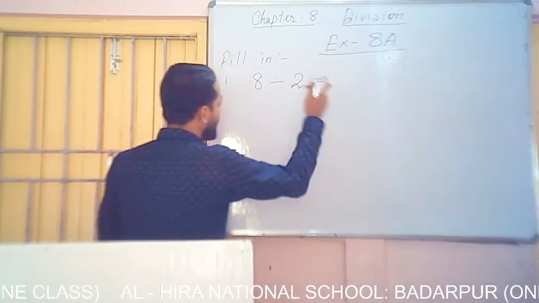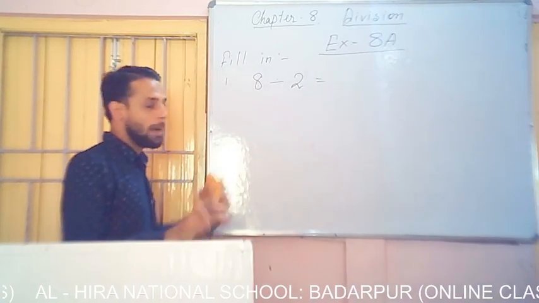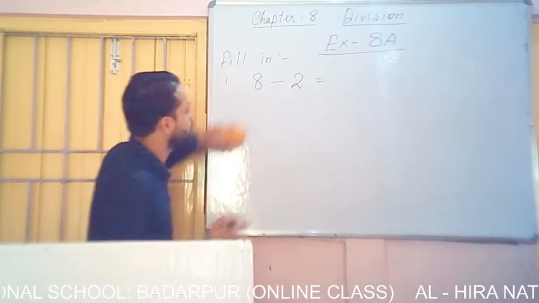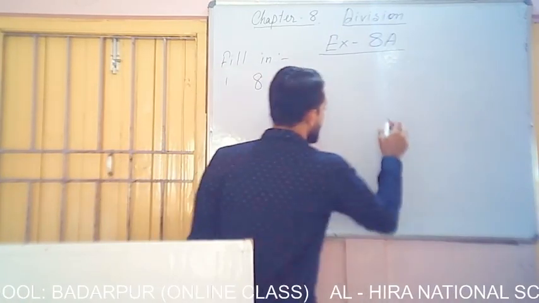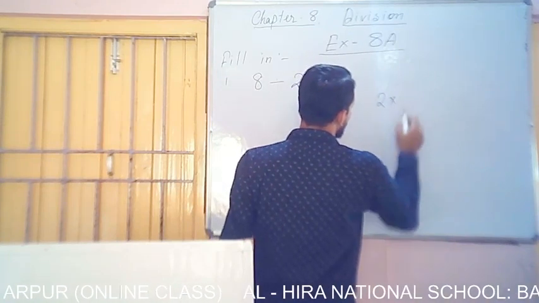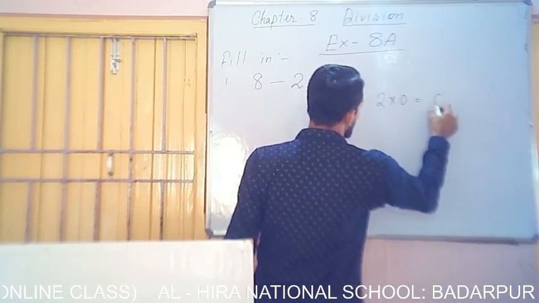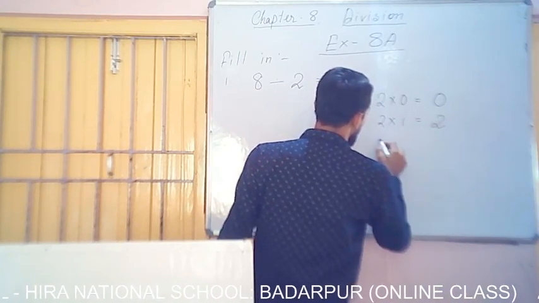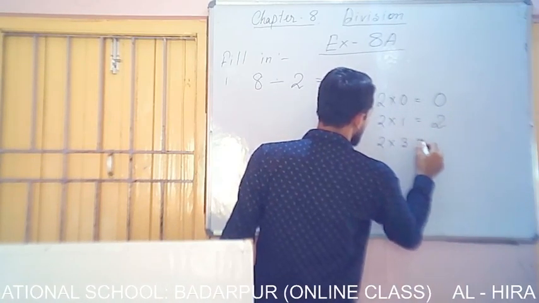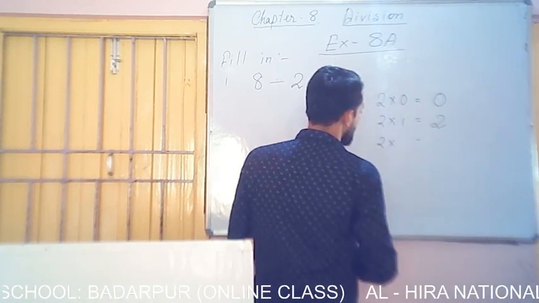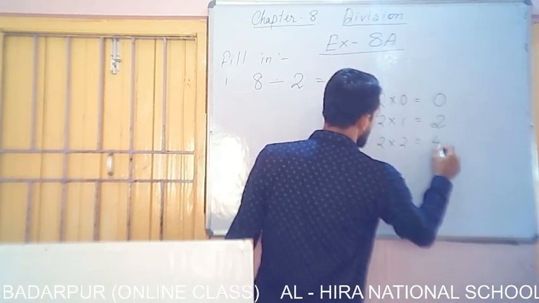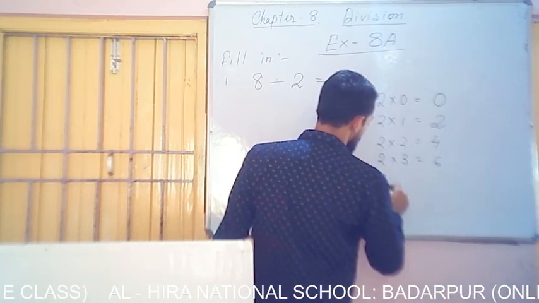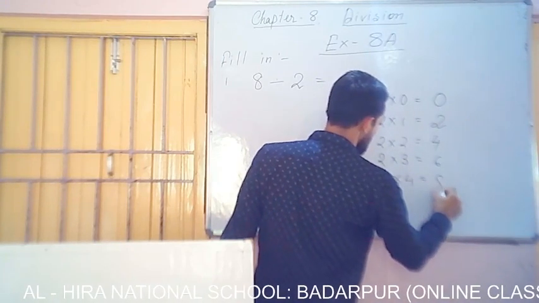Here we have to follow which table? Multiplication table of 2, because by this number we have to divide 8. So 2 multiplied by 0 equals 0. 2 multiplied by 1 equals 2. 2 multiplied by 2 equals 4. 2 multiplied by 3 equals 6. 2 multiplied by 4 equals 8.